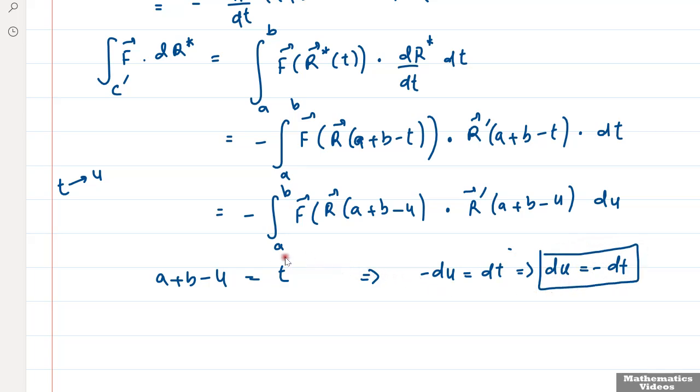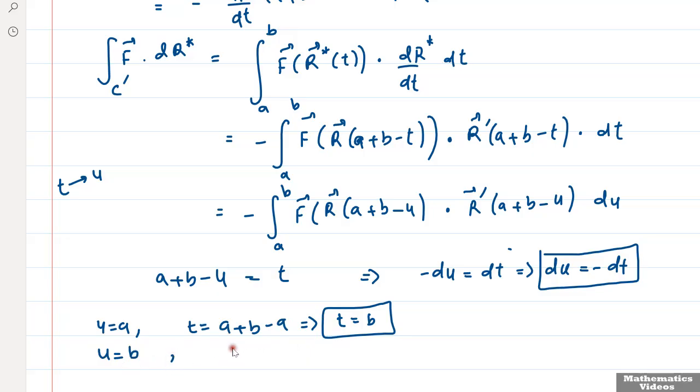Secondly, when we put u equal to the lower limit of integration, that is when we put u equal to a, then t becomes equal to a plus b minus u. In place of u we will put a, that is t becomes equal to b. So when u is a, then t is b. Similarly, when u is b, then t is equal to a.